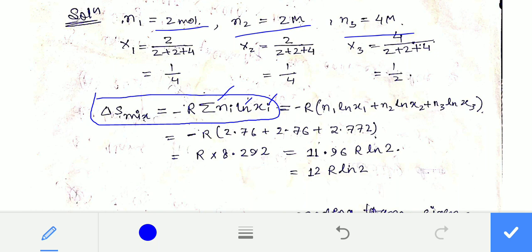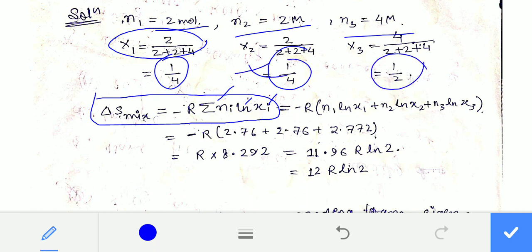So we can determine the mole fraction for carbon dioxide, which is the moles of carbon dioxide present divided by the total moles of the mixture of gases, right? Which gives 1 by 4. For N2 it is 1 by 4, and for x3, that is for oxygen, it is 1 by 2. The mole fraction for oxygen is 1 by 2.